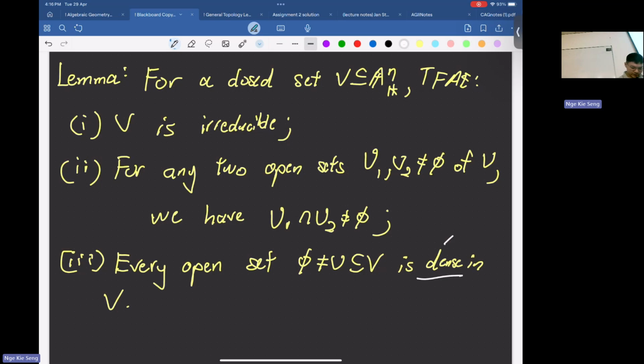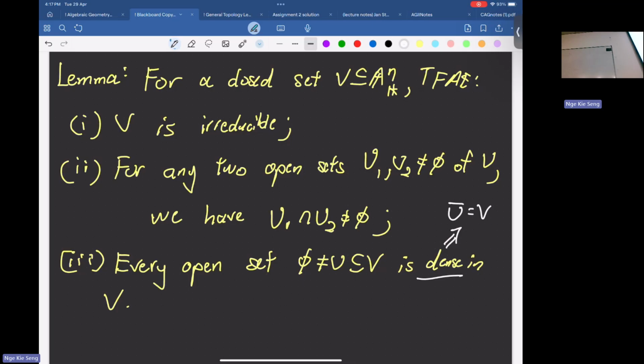This implies that U bar equals V. But how do we take closure here? If you go down the streak of topology, the closure just says that you add in all the limit points.